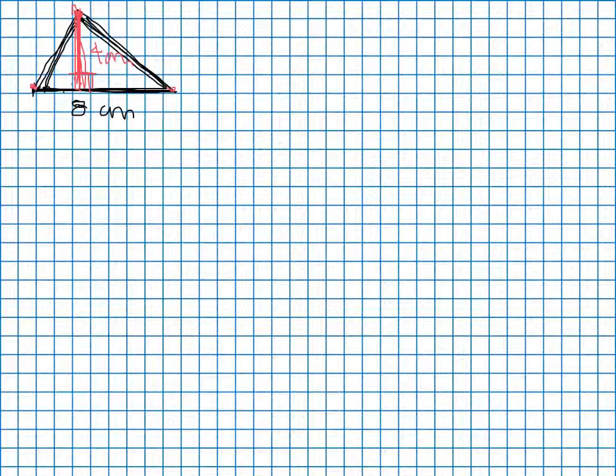Let's look at what the mathematical law would tell us.